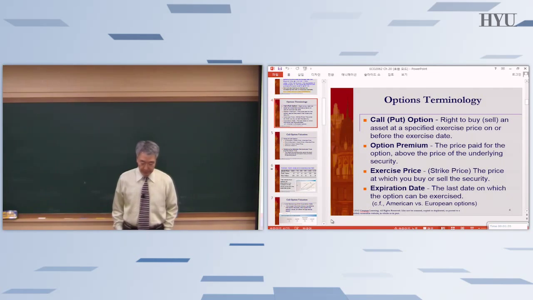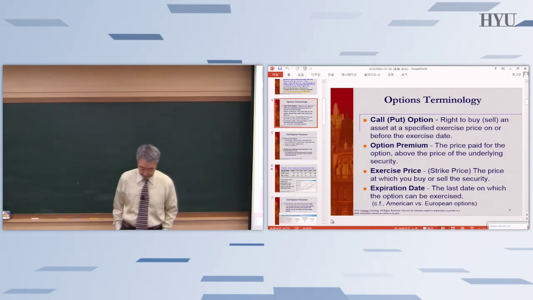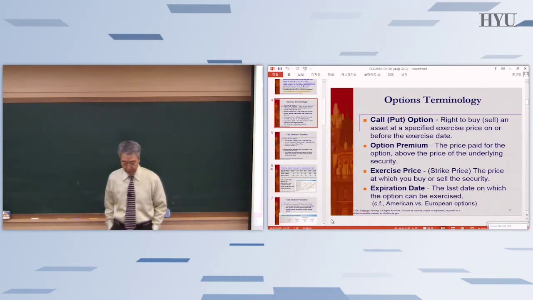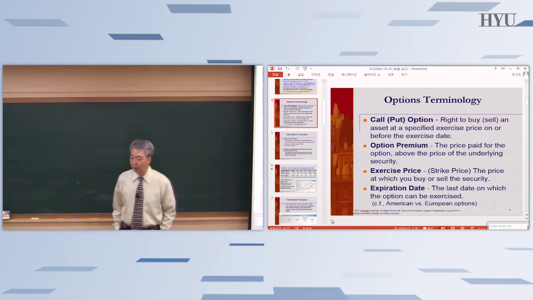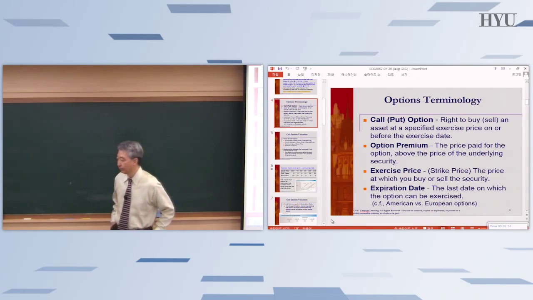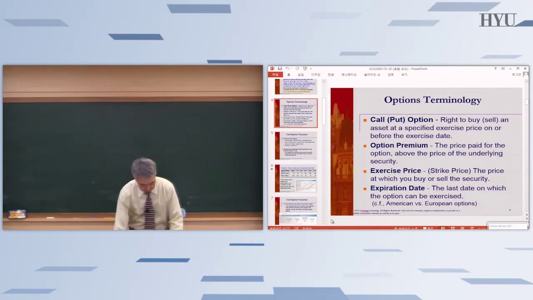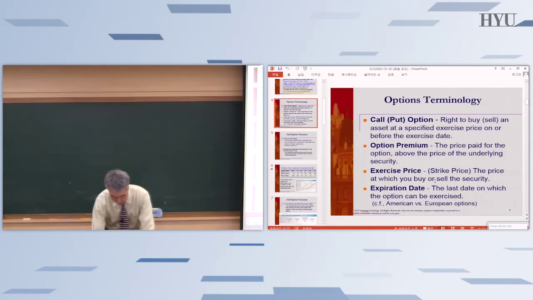So there are a couple of different types of options, call option and put option. A call option gives the holder a right to purchase, a right to buy at a certain price. It's called the exercise price or strike price.